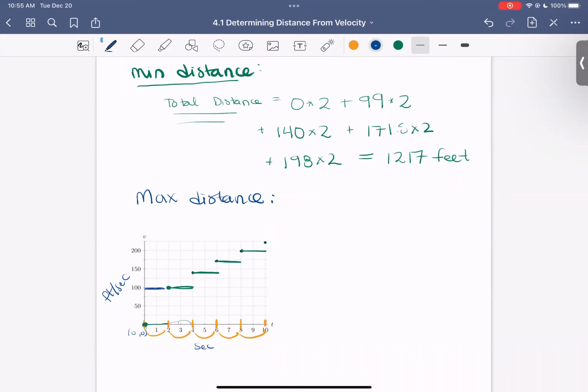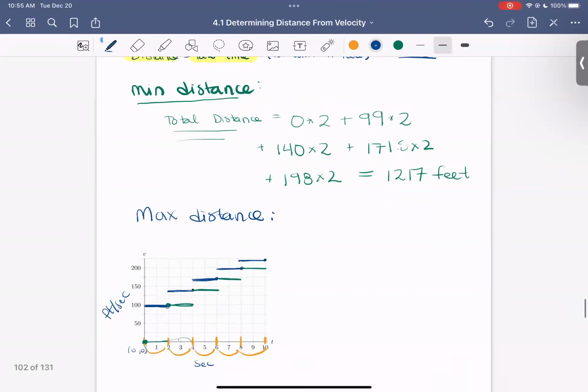So from 0 to 2, we know it got up to almost 100. So that is what we're going to say is the constant speed on that interval. We can do this for each interval. And so now we can see how far the plane traveled at most by using this maximum velocity on each interval.